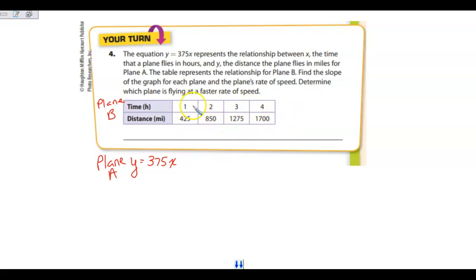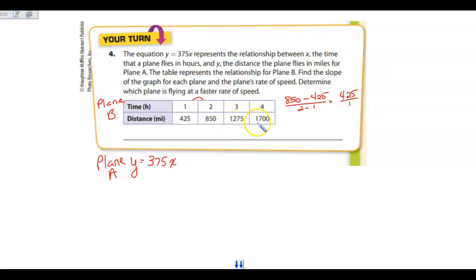We can find the difference just to double check, make sure it's staying the same, being constant. So 850 minus 425 over 2 minus 1. That's these two right here. And I get 425 over 1. So it's 425 miles per hour.